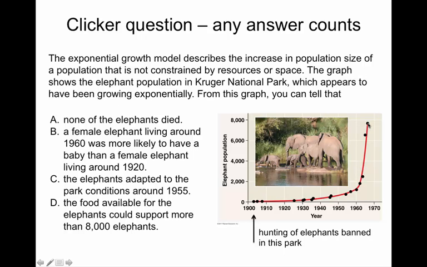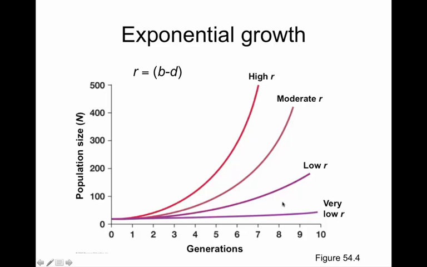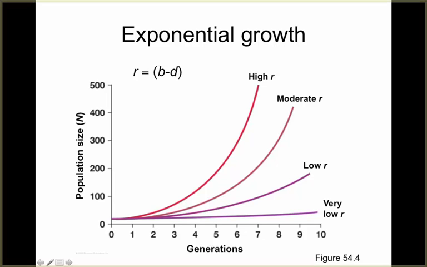increasing exponentially like this, then clearly there are more elephants being born every year, say in 1960 versus 1920, which is absolutely true, but there's also more elephants in 1960 than in 1920. And if we go back to this graph, all of which show examples of exponential growth, in all of these cases, R is constant within any of these curves.